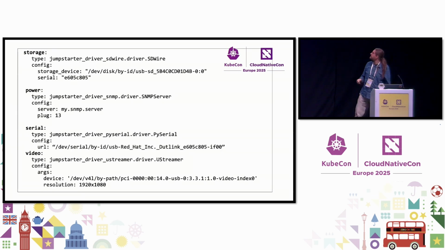This export part is defining the different interfaces that you have to the hardware. In this case, we have a storage device that we can control for the device. We have a power interface that is connected to an SNMP PDU. We have a serial connection and a video input.